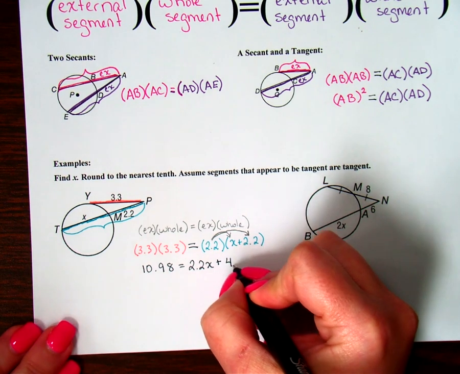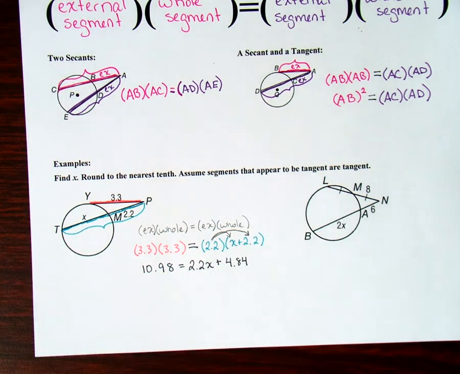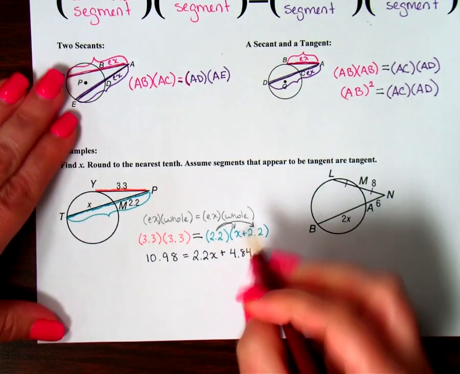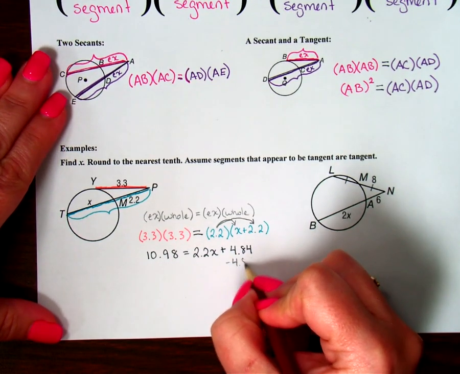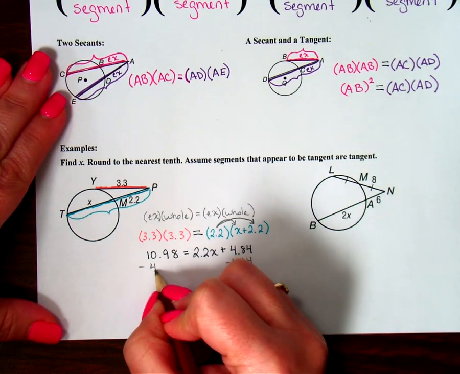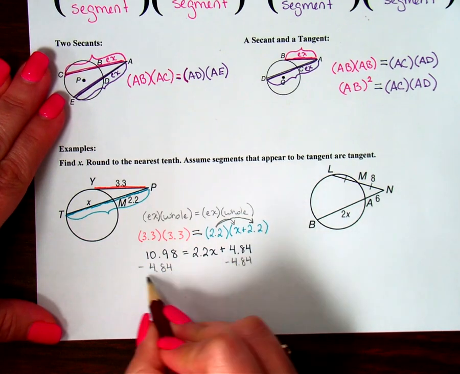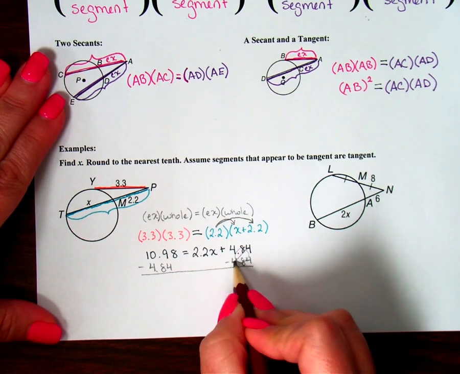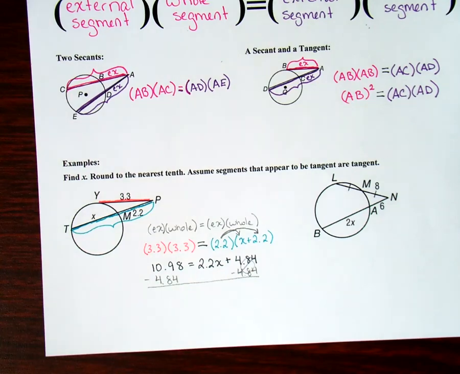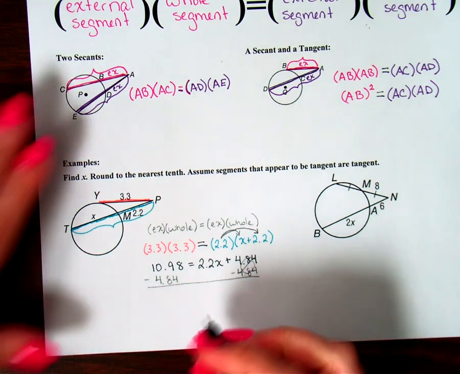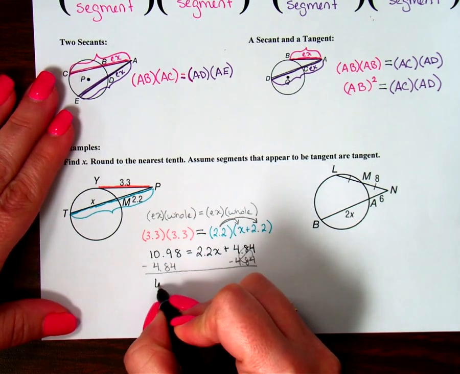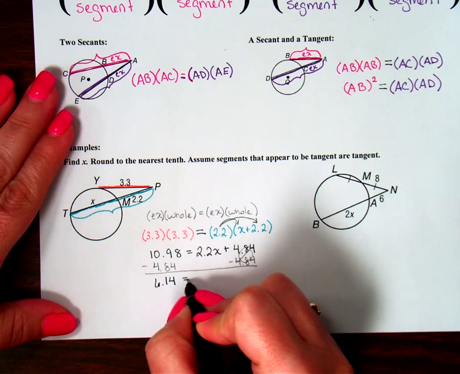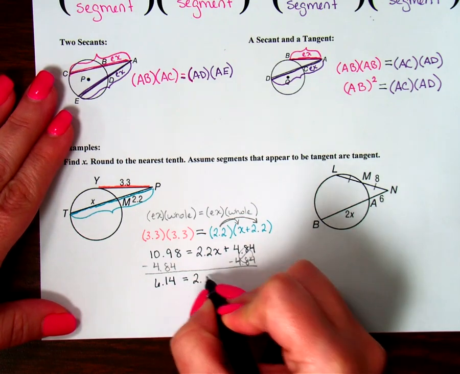All right, so now I'm going to subtract 4.84 on both sides. 10.89 minus 4.84 is 6.05. And that's going to equal just 2.2x.